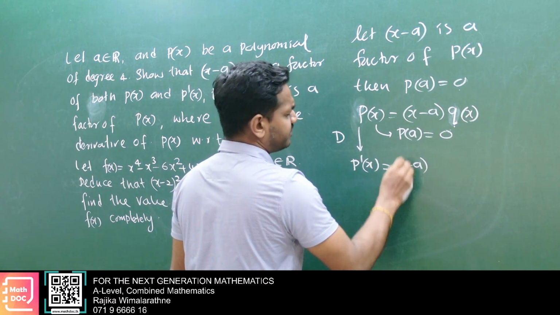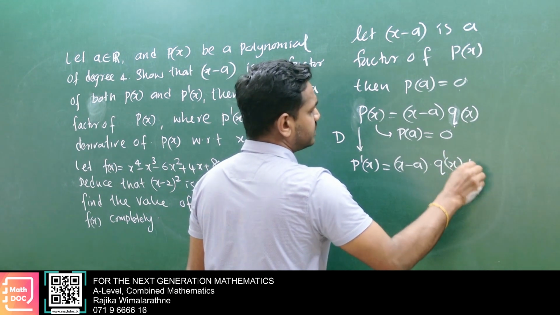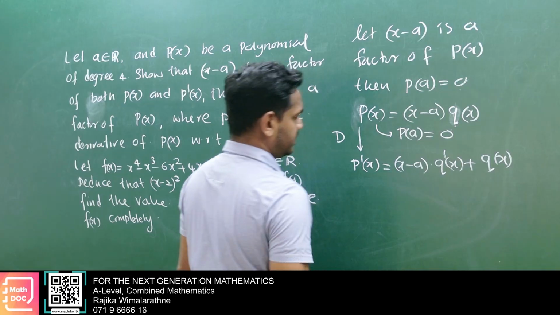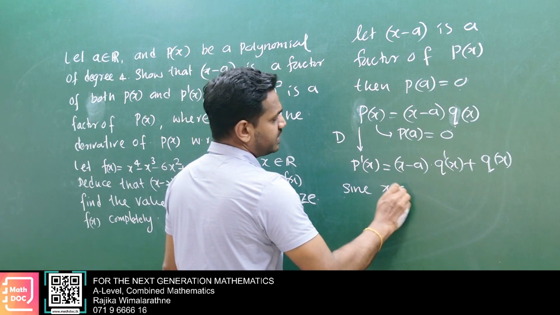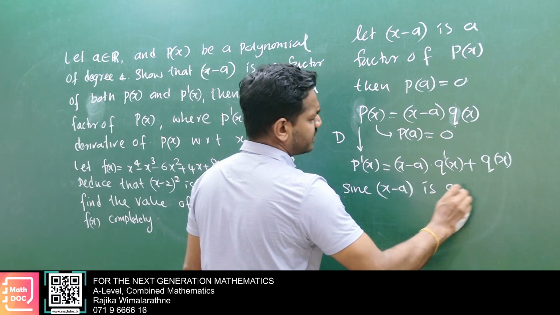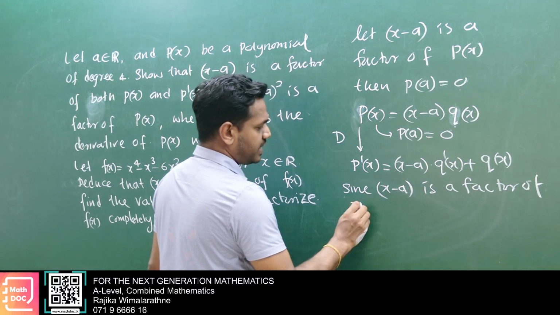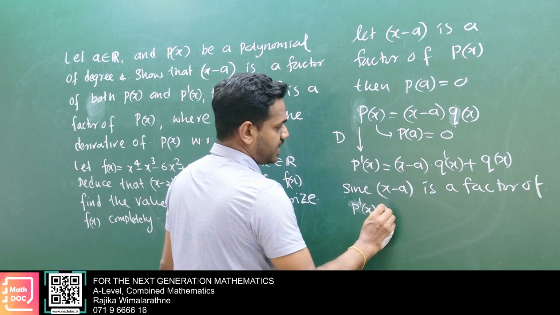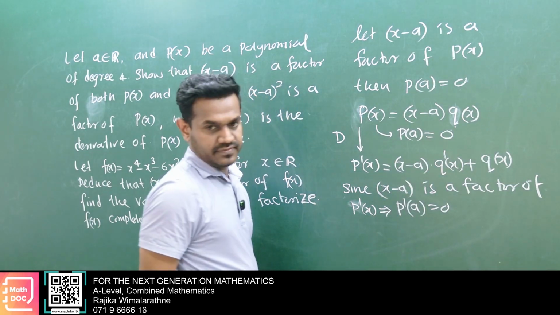p'(x) equals (x minus a) q'(x) plus 1 times q(x). Now since x minus a is a factor of p'(x), p'(a) equals 0.